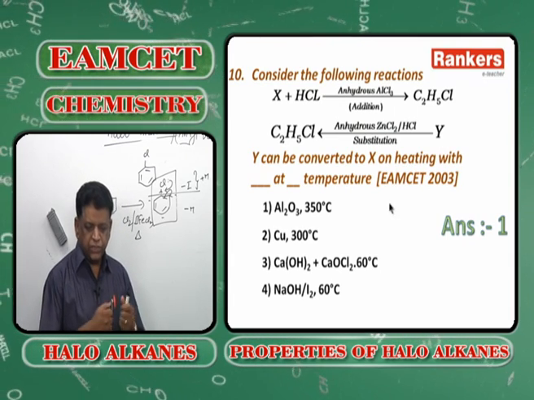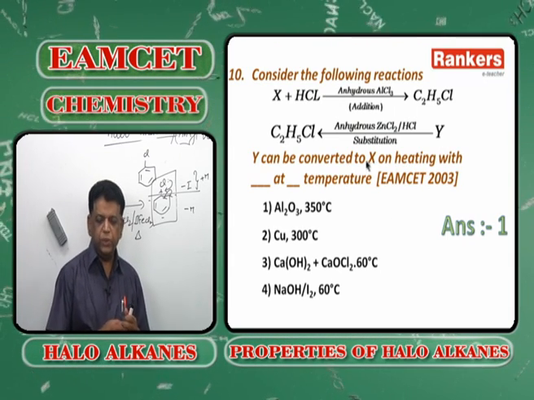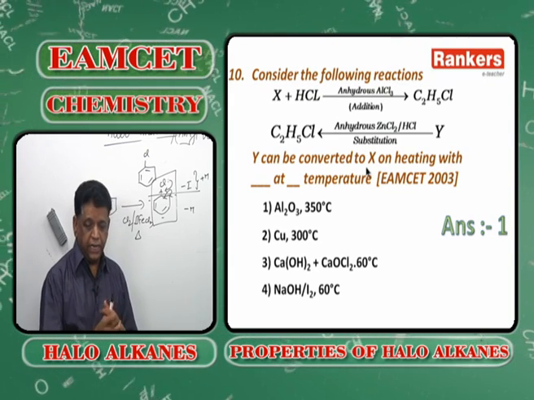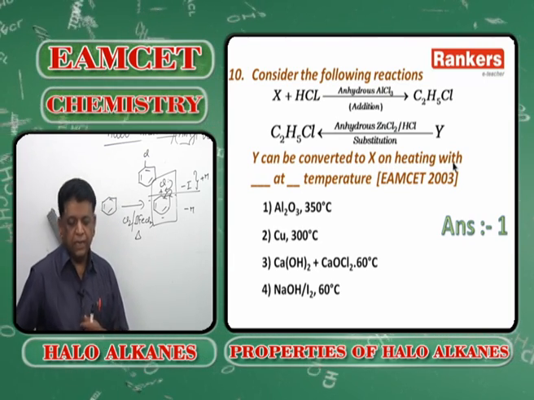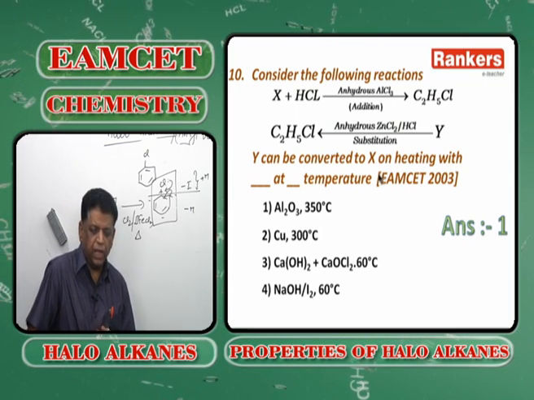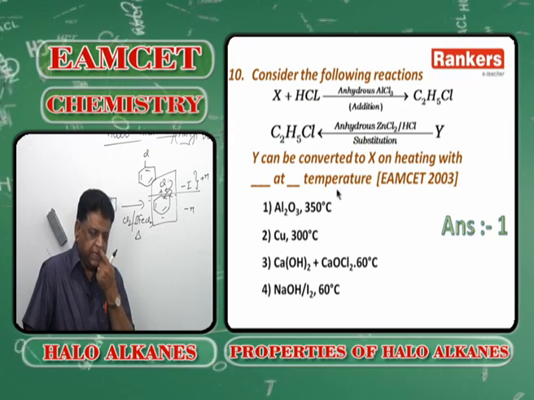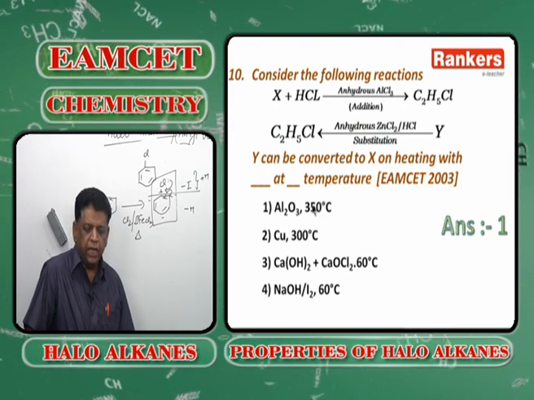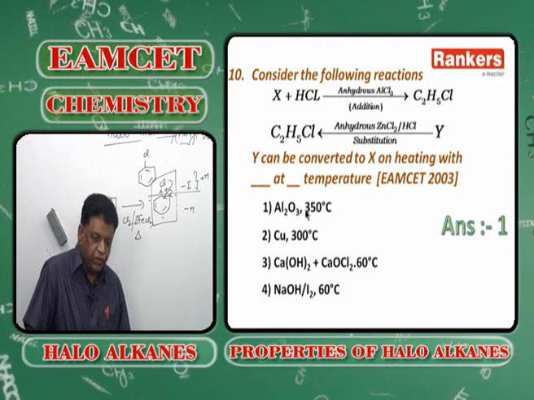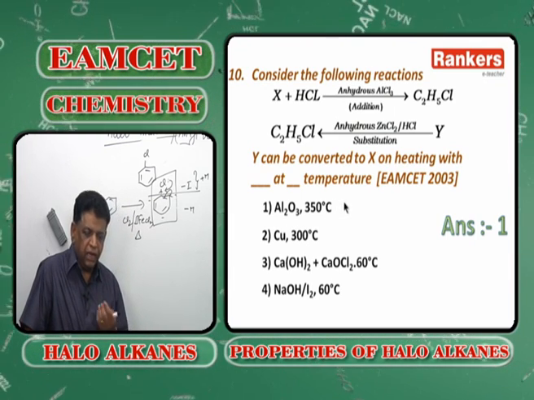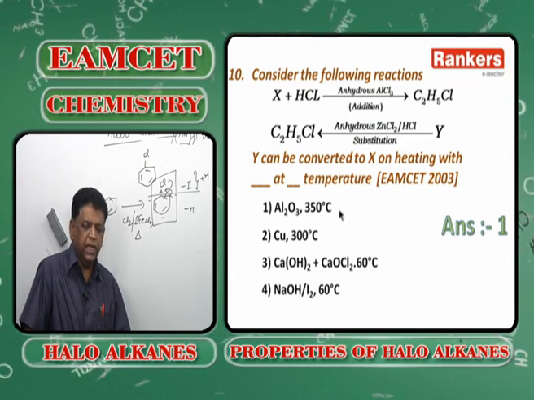So, now the question is Y can be converted into X, that means ethyl alcohol to alkene, is a dehydration reaction. It comes under, however, partly from the alcohol chapter. Tomorrow we will see these alcohols, but the answer is 1, the alumina at 350 degrees. Sulfuric acid concentrated at 170 and beyond, that is not there. So, answer 1 is the right answer.